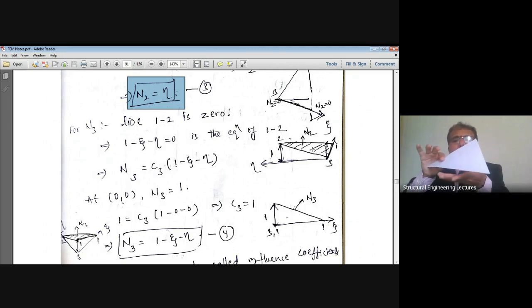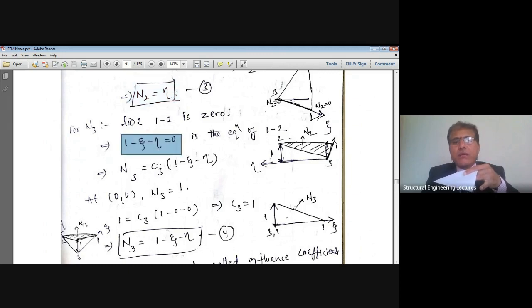That is how the variation of this inclined surface is the node 3 shape function n3, right? Here for node 3, to write the shape function, the equation of the line connecting 1 and 2 is 1 minus xi minus eta.